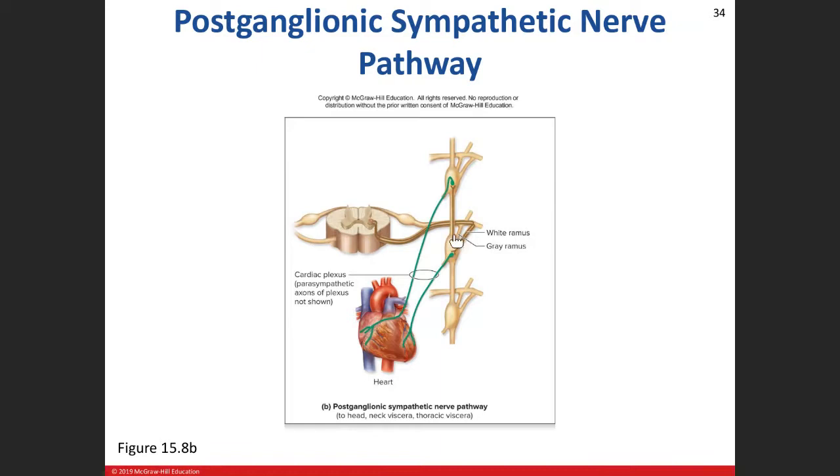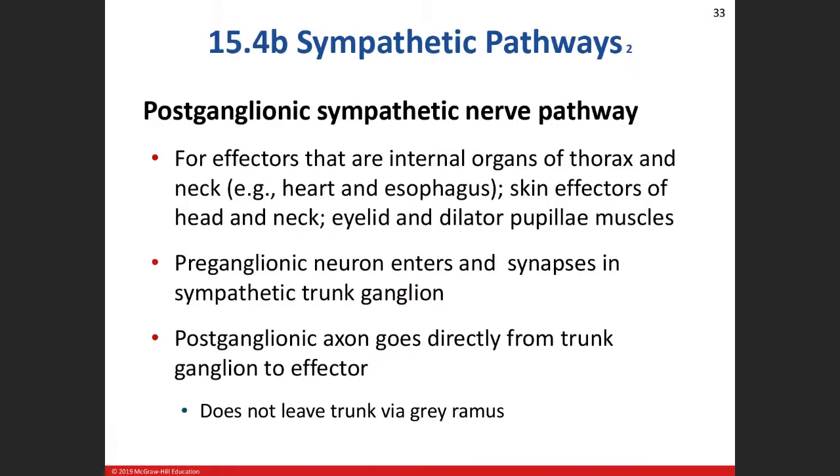And that's the postganglionic sympathetic nerve pathway. It is going to innervate organs in the neck and chest, heart, esophagus, and again, skin effectors along the head and neck, and also our eyelid, the superior tarsal muscle, and then the dilator pupillae muscles.